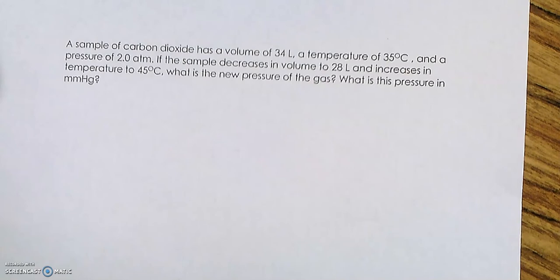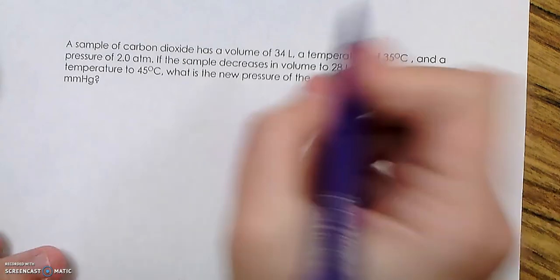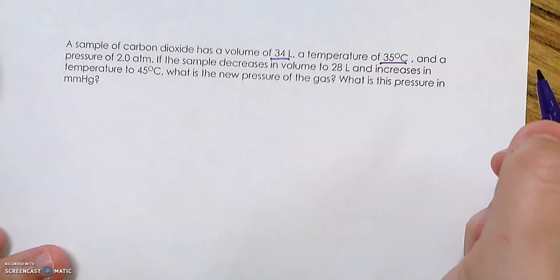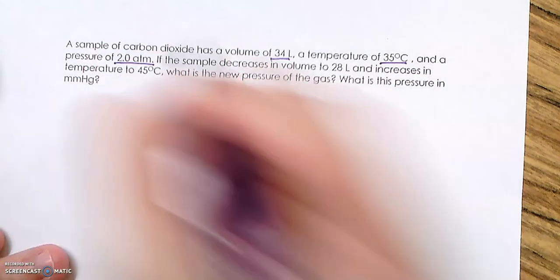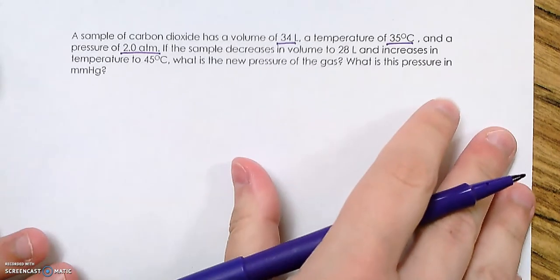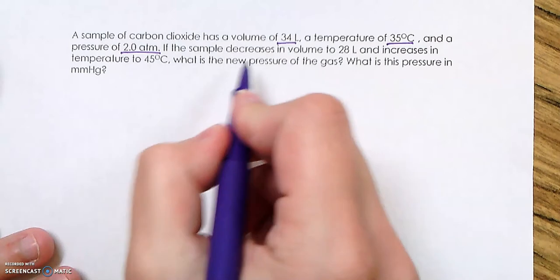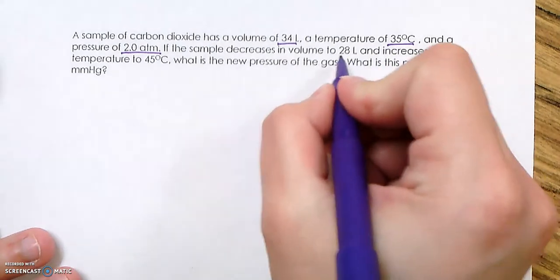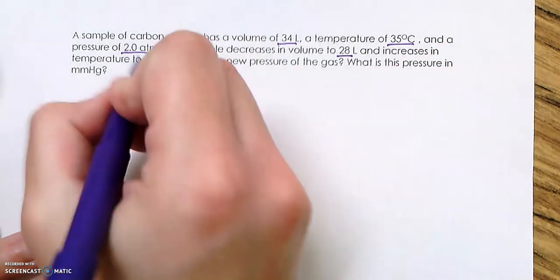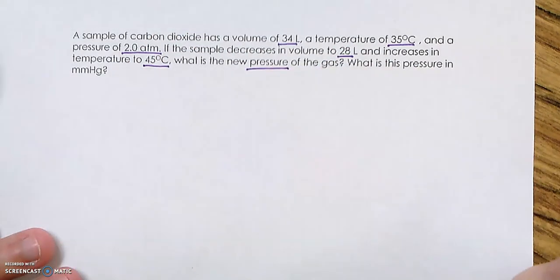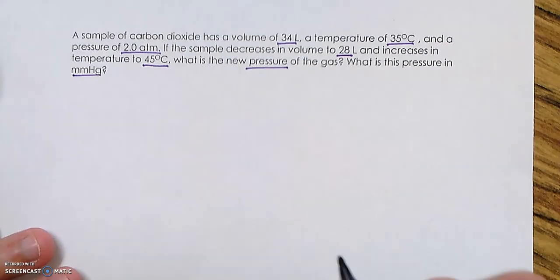So a sample of carbon dioxide has a volume of 34 liters and a temperature of 35 degrees Celsius and a pressure of 2 atm. So right there we already see the difference in that we have three different variables that we're working with. If the sample decreases in volume to 28 liters and increases the temperature to 45 degrees Celsius, what's the new pressure of the gas? Then it asks what will the pressure be in millimeters of mercury.